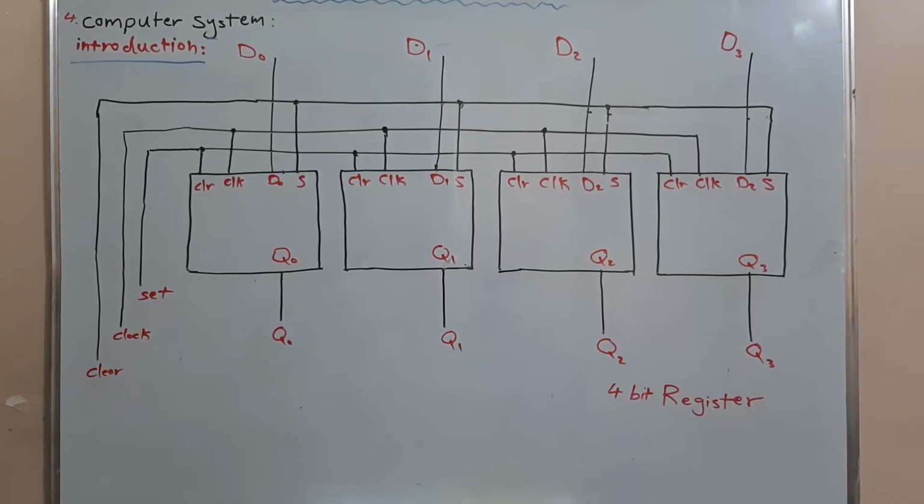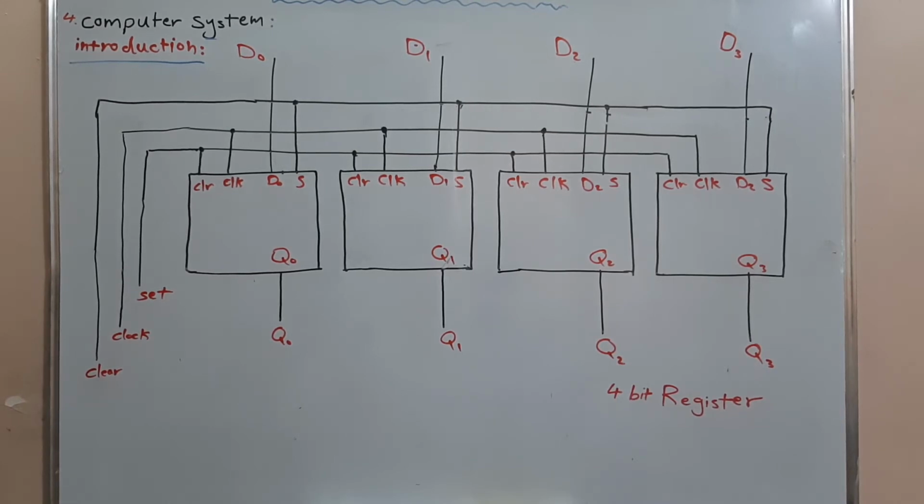The third basic circuit required to build the computer system is called the register. The register is a memory circuit, and this diagram is showing a 4-bit register. The register in general is composed of flip-flops, and here we will use 4 positive edge triggered D flip-flops.